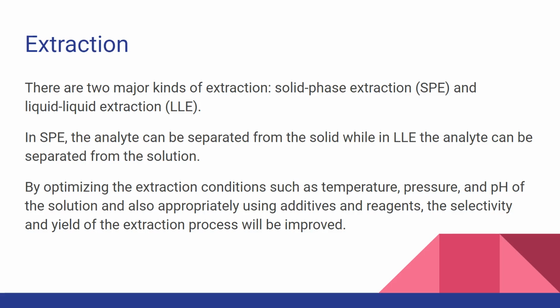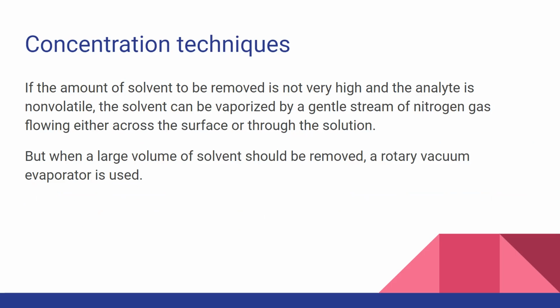By optimizing the extraction conditions such as temperature, pressure, and pH of the solution, and also appropriately using additives and reagents, the selectivity and yield of the extraction process will be improved.